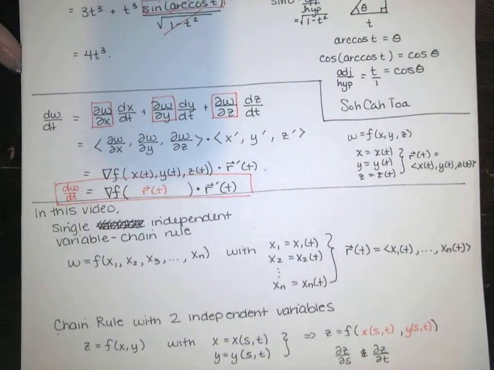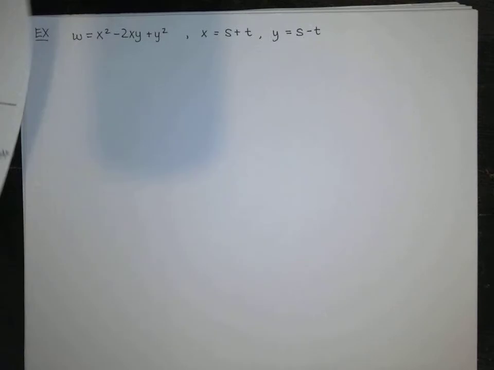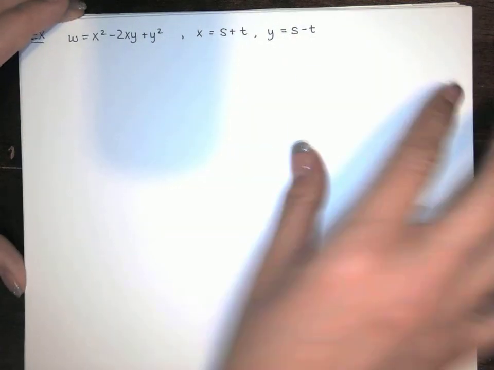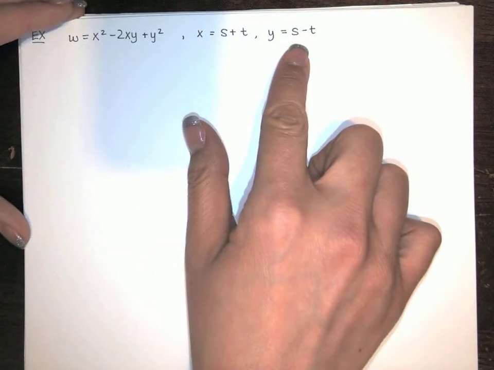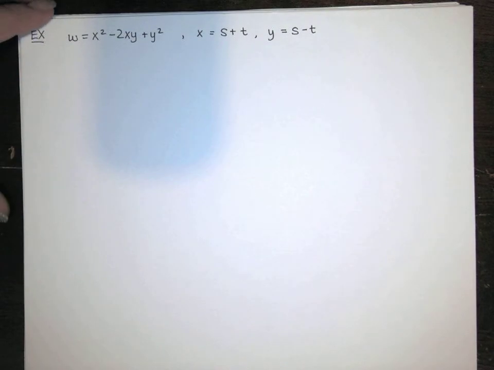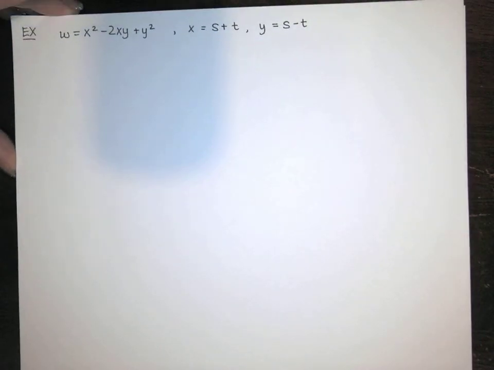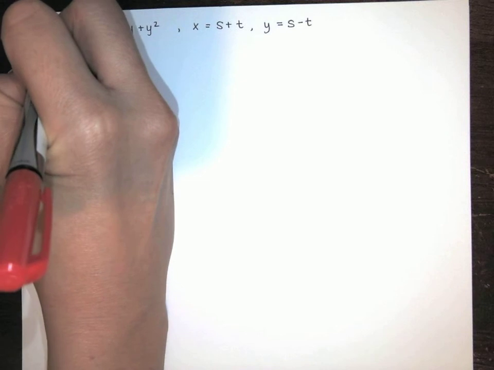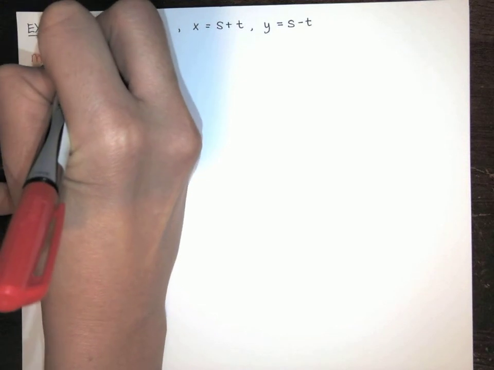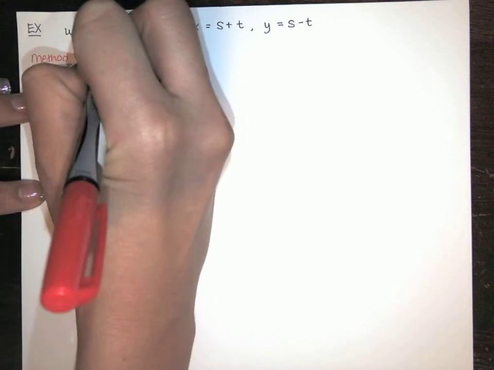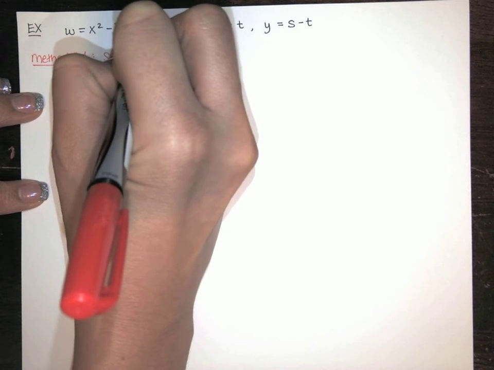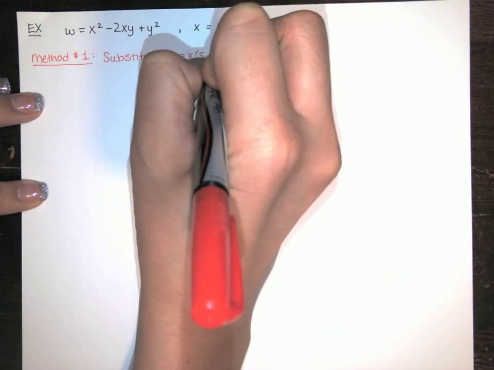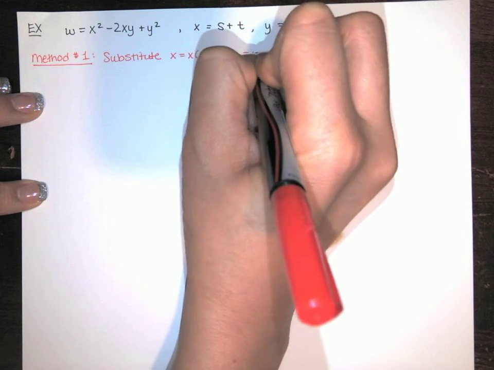So let's look at a simple example. Here is my w. It depends on two variables, and x depends on s and t, and y depends on s and t. Well, we have three different ways that we can handle this. The first way is to just substitute. So you replace x with x of s and t, and you replace y with y of s and t.